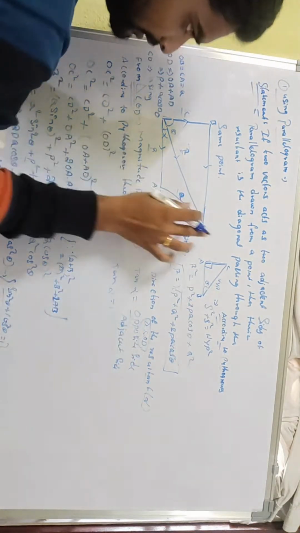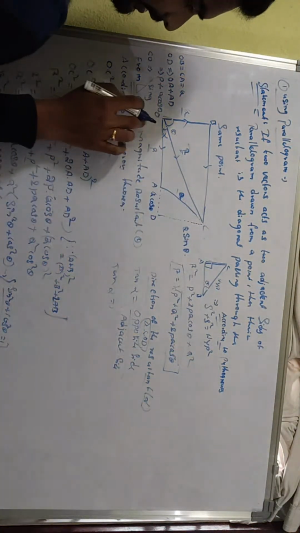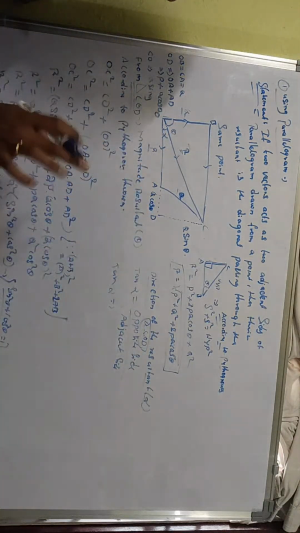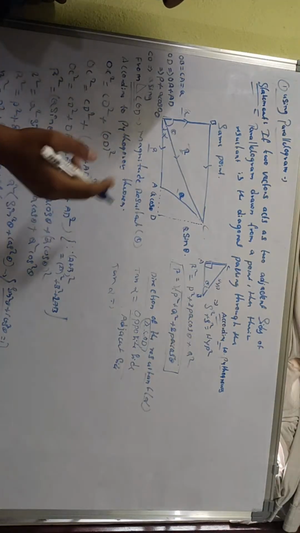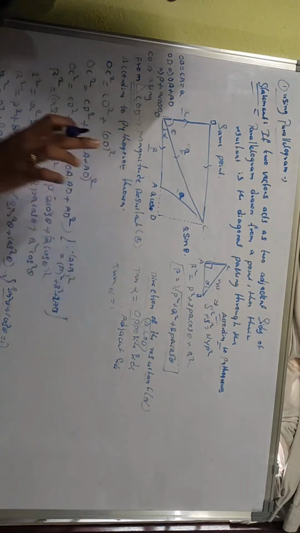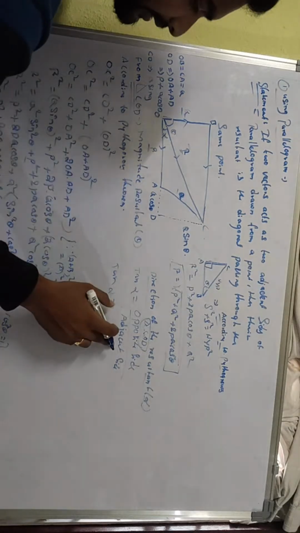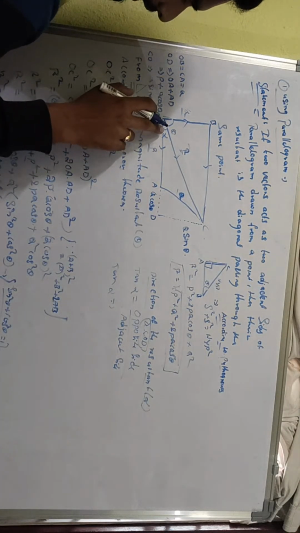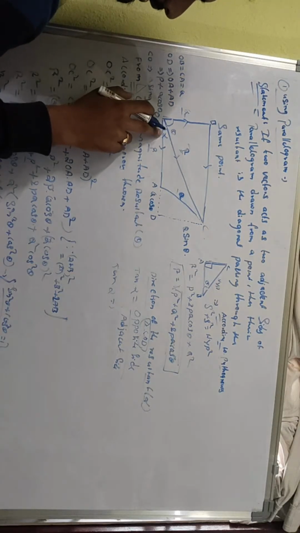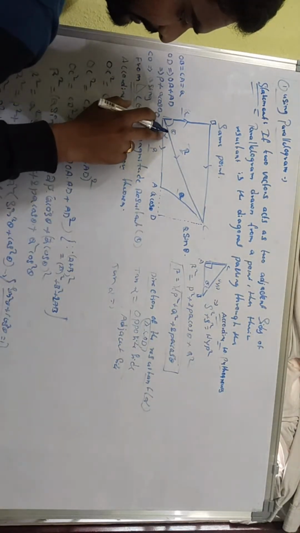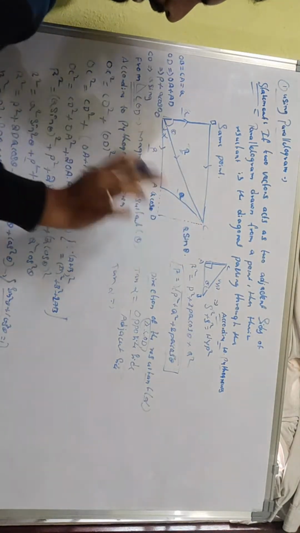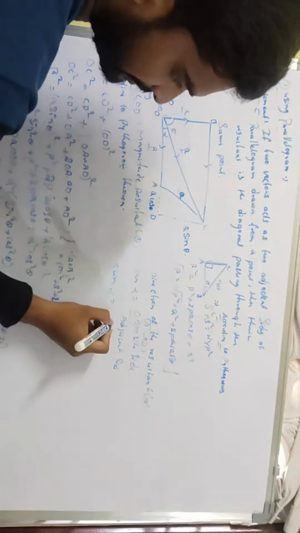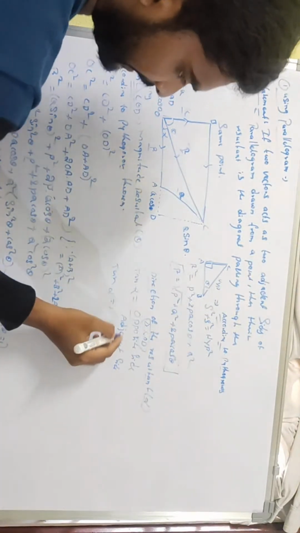So tan alpha, according to the trigonometric ratio, is opposite side by adjacent side. For the angle alpha, the opposite side here is CD, divided by the adjacent side.